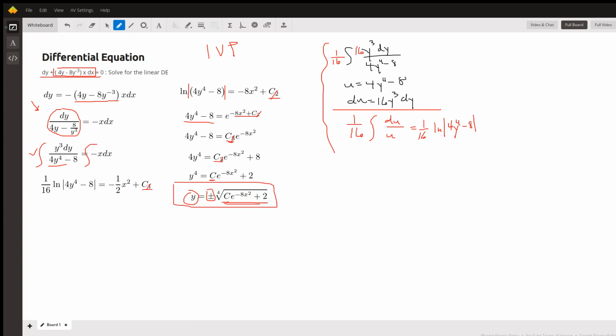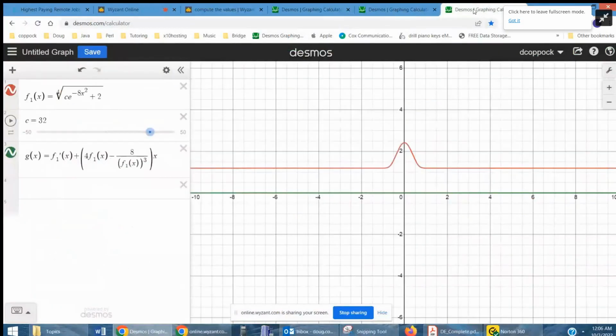And if I share my screen real quickly and go to Desmos, there's the graph of that original function. I call it f sub 1 of x, and I use the plus sign.